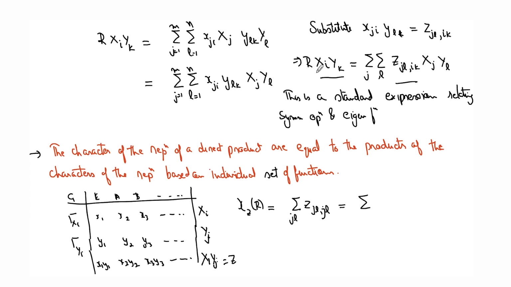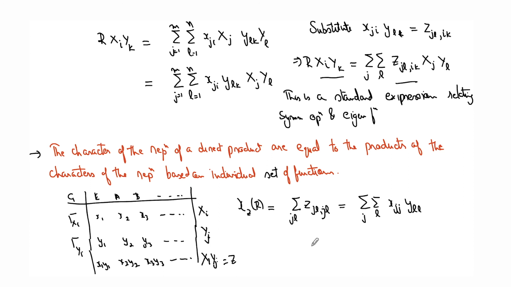I'm just using this equality and expanding it, so this can be written as summation j, summation l, of x jj and y ll, right?